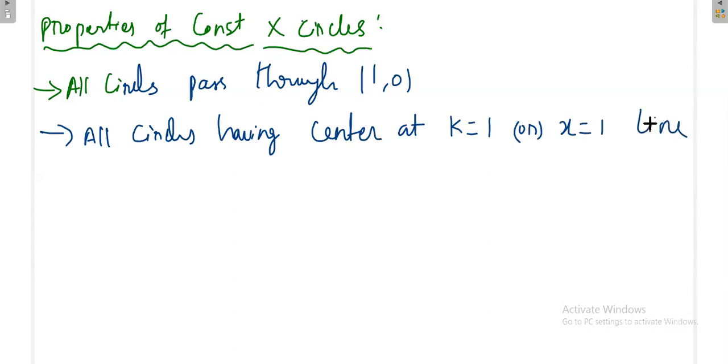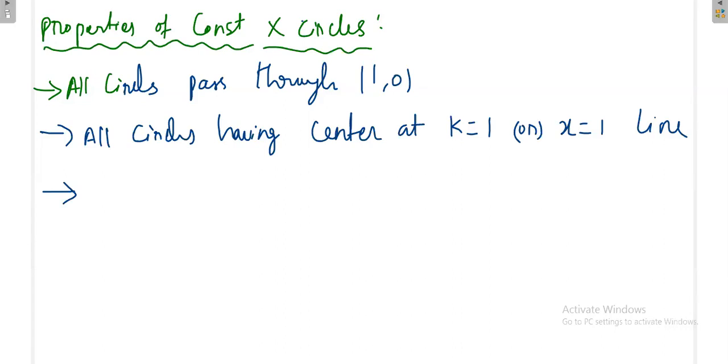I'm not using the capital X, I'm using the small x. Please be careful. When in coordinate system, x is equal to 1 means a line in a coordinate system.